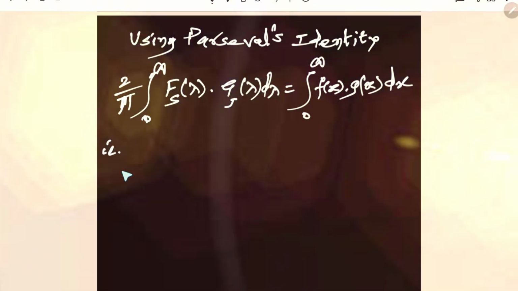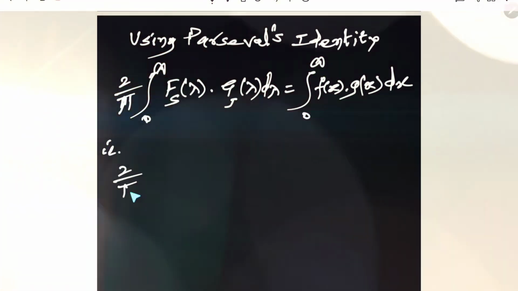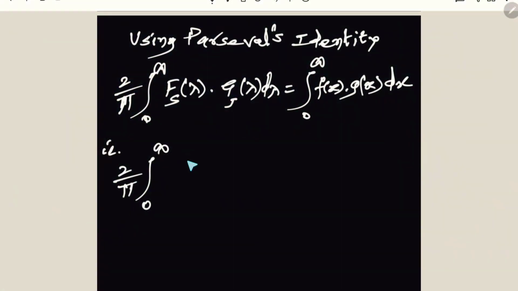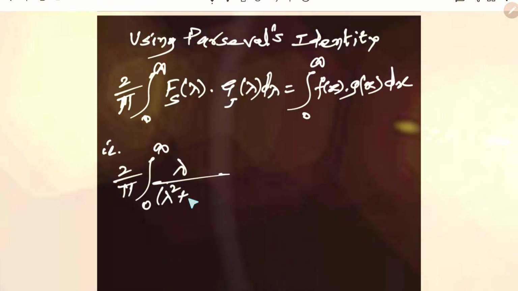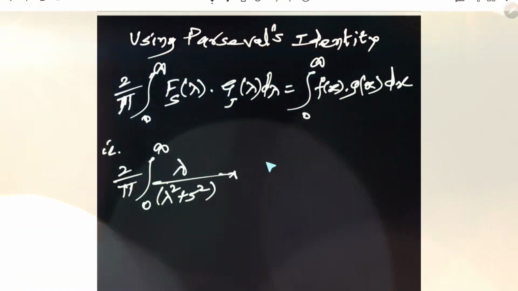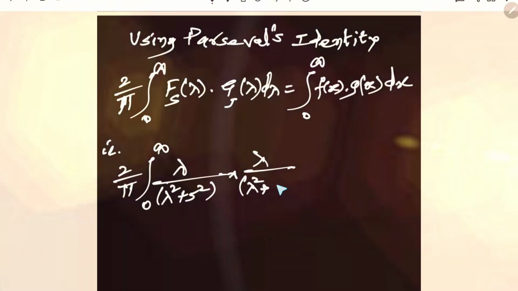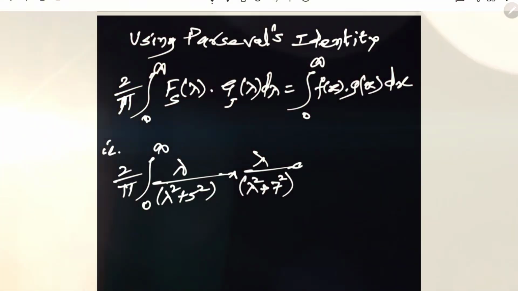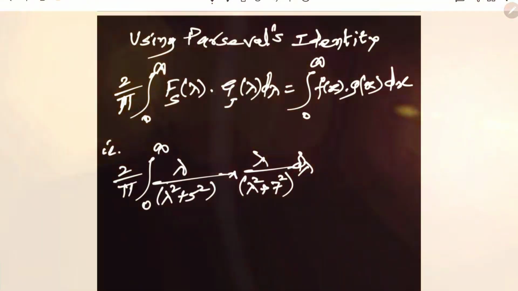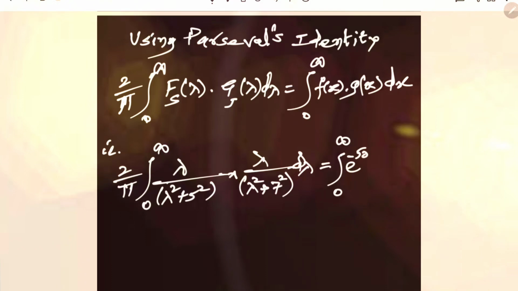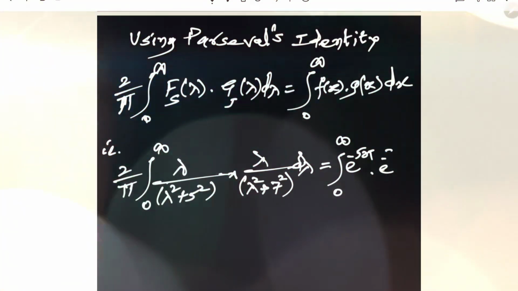Substituting the corresponding values, we get 2 by pi times the integral from 0 to infinity of fs lambda, which is lambda upon lambda square plus 5 square, times gs lambda, which is lambda upon lambda square plus 7 square, with respect to lambda, equals the integral from 0 to infinity of e raised to minus 5x multiplied by e raised to minus 7x.